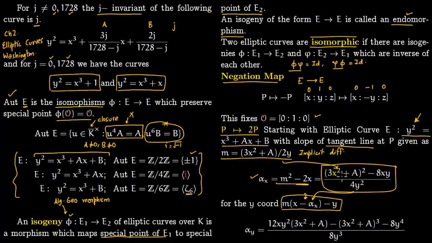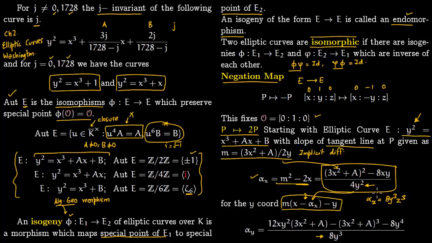So this is a rational function, so therefore it does form an isogeny, because in terms of algebraic geometry you have a morphism. But to see whether this fixes the point O involves a lot more work. First you have to have the z coordinate, so you have to homogenize it. So you will first find the z coordinate, which we will put as 8y cube z cube, so that we can get rid of the denominators here and here.